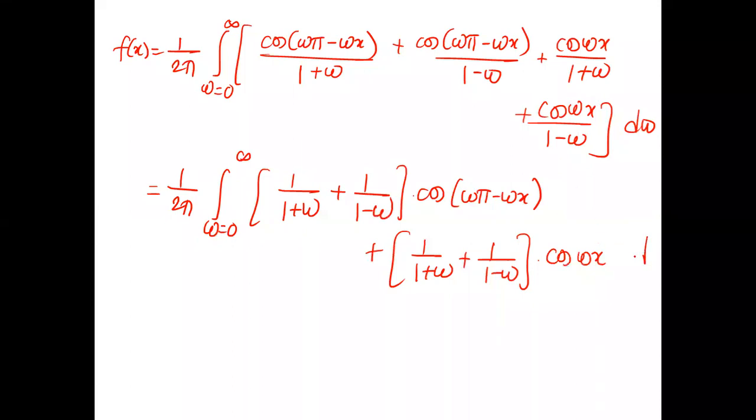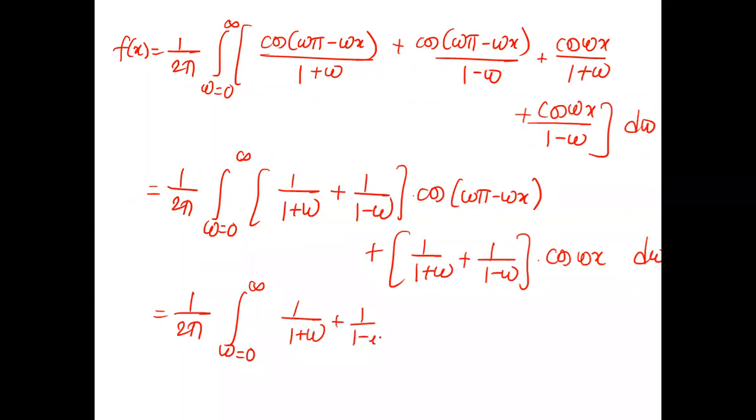Common outside is d omega. But now again, if you check, this bracket is common. So it is 1 upon 1 plus omega plus 1 upon 1 minus omega, common bracket, into these two added: cos omega pi minus omega x plus cos omega x d omega.